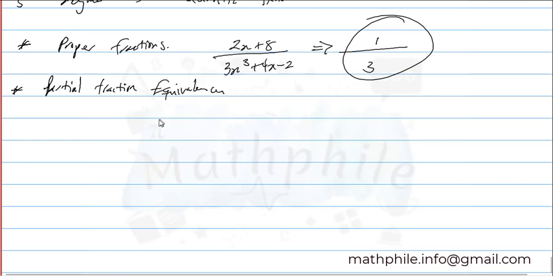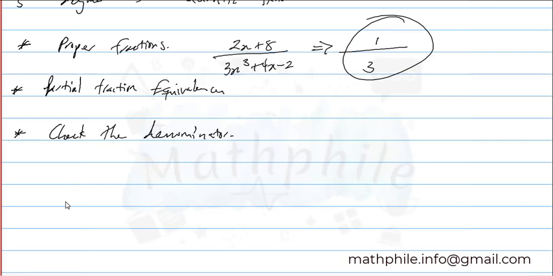To write a partial fraction equivalent, you always first check the denominator. Once you get to know the degree, the numerator is always going to be the immediate function that is lesser than the denominator.